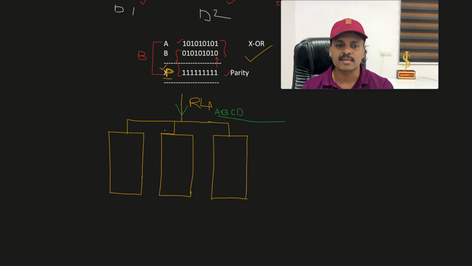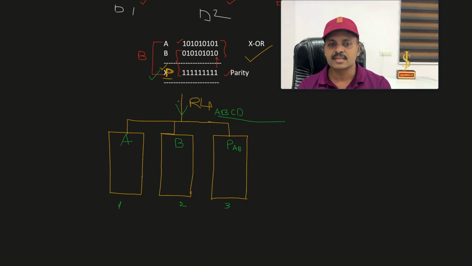In this case, once I have chosen these 3 disks, disk 1, 2 and 3, and applied RAID 4 technology on this, the behavior of R4 is that the incoming blocks it will take, and it will write A block here, B block here, and parity of AB. So what is that parity of AB? Can you relate to this? This is the parity of AB.